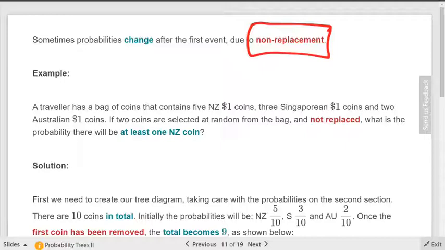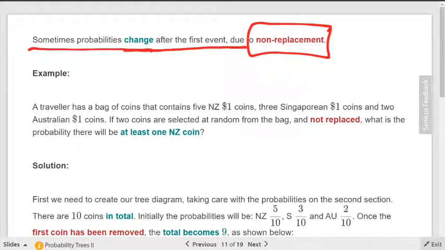If you replace something, could you draw the same thing again? Yes. And you also have the same number of things in your box to choose from, don't you? But if I take one out, can I pick that thing again? Nope. And do I have the same number of items left inside the box? No. So replacement and non-replacement are really important. Some probabilities will change after the first event due to non-replacement.